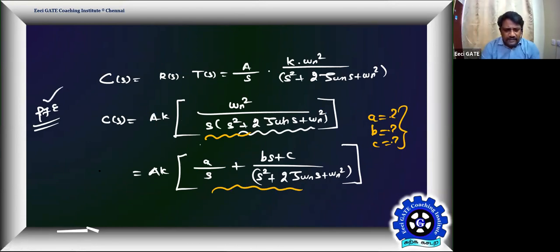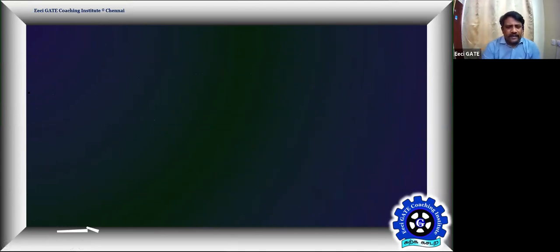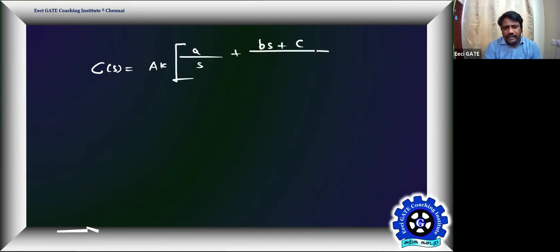So now let us replace A, B and C in this equation. We'll substitute the A, B and C values. Let me write C of s first. It is A K into A by s plus Bs plus C by s square plus 2 zeta omega n s plus omega n square.